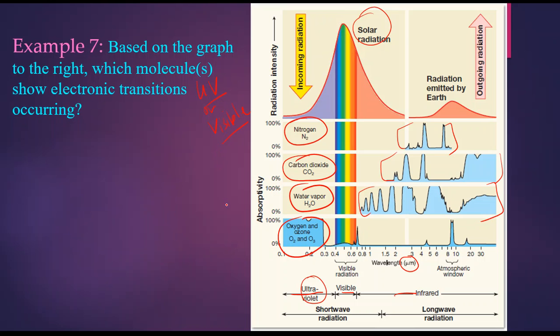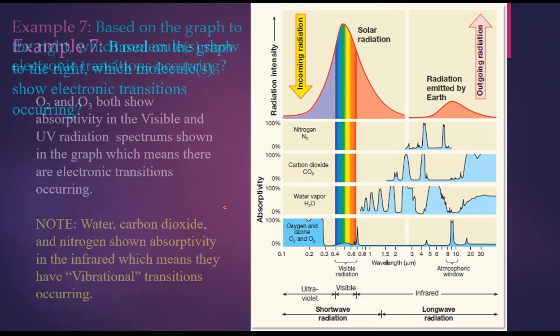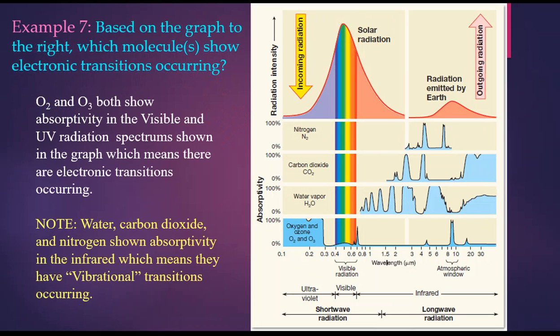So if I'm looking here, the only ones that are going to produce electronic transitions are your oxygen and ozone. The oxygen and ozone show absorptivity in the visible and the UV section, which means that we have electronic transitions occurring.